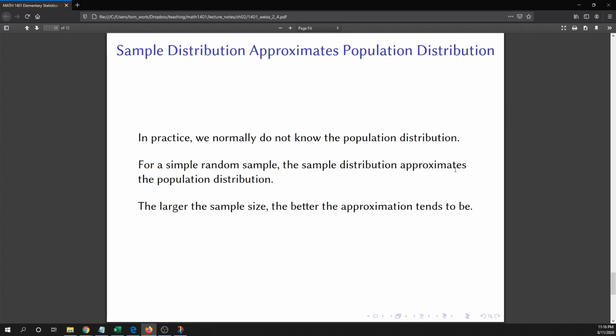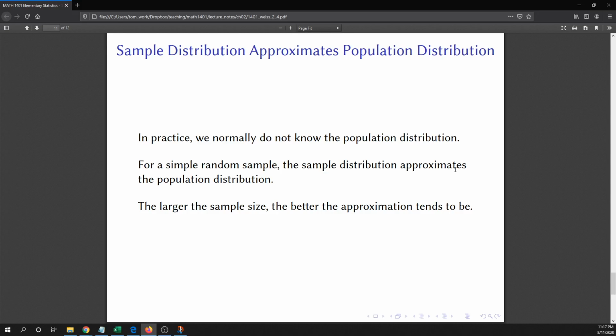All right, and normally, when we're conducting statistical studies, we don't know the population distribution. If we did, then we could just look at that data and figure out what we're trying to accomplish. But in practice, you don't know that. It's usually too difficult to get all of that.